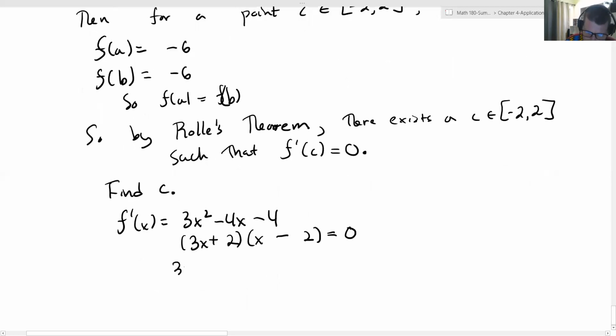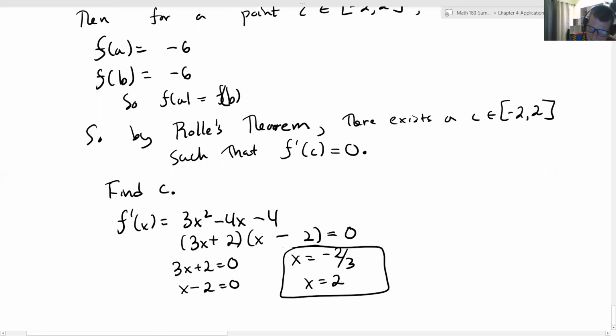So 3x plus 2 equals 0, and x minus 2 equals 0. So x will equal negative 2/3, and x will equal 2. And those are our c's. Or actually, why don't we call them c's? Well, that's fine. We'll call it c. Yeah, no, let's do that.